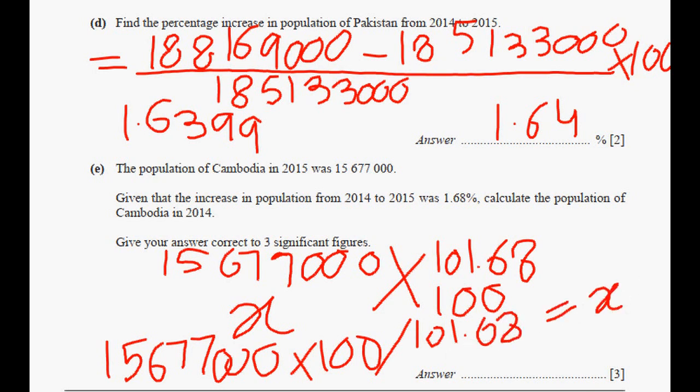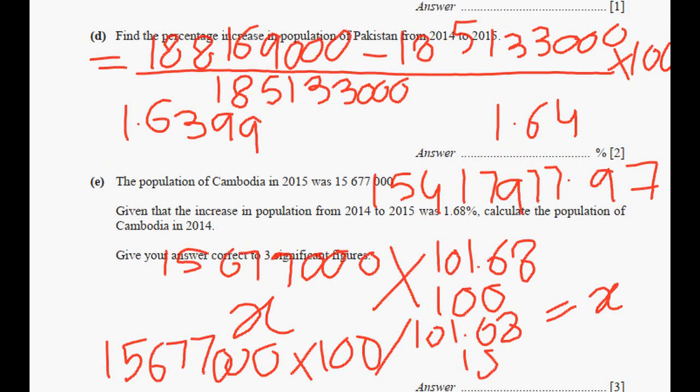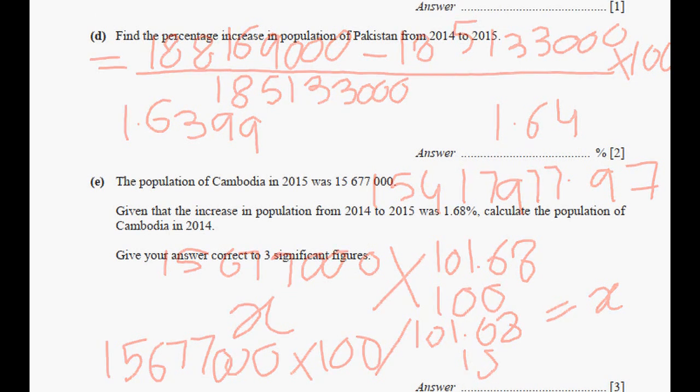So you write 15677,000 times 100 divided by 101.68. This will give us the original population, and the answer is, I don't have enough space, let me write over here, 154,179 77.97.